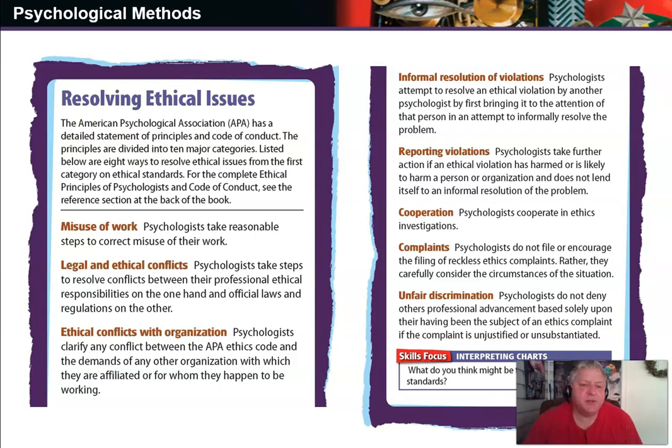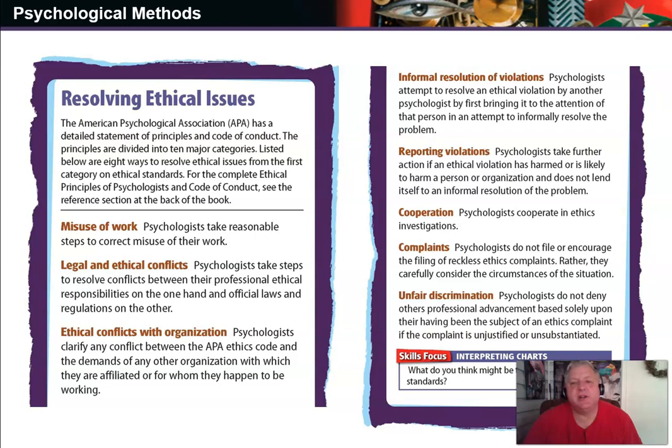Ethical conflicts with organizations. Psychologists clarify any conflict between the APA ethics code and the demands of an organization with which they are affiliated or for whom they happen to be working. Informal resolution of violations.